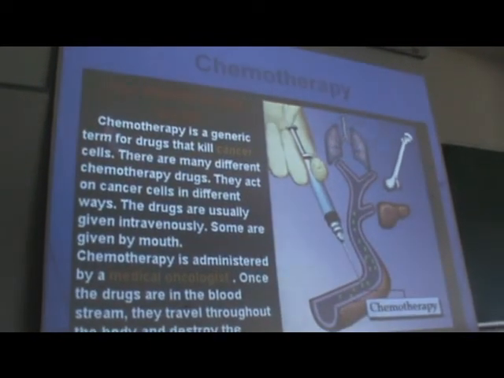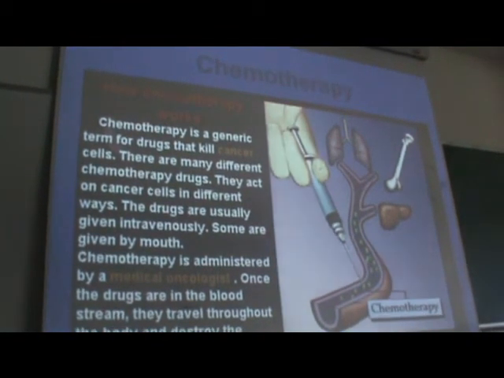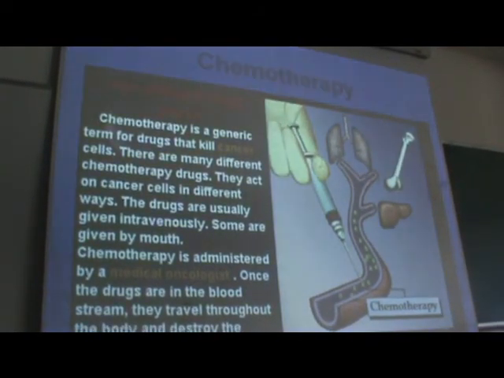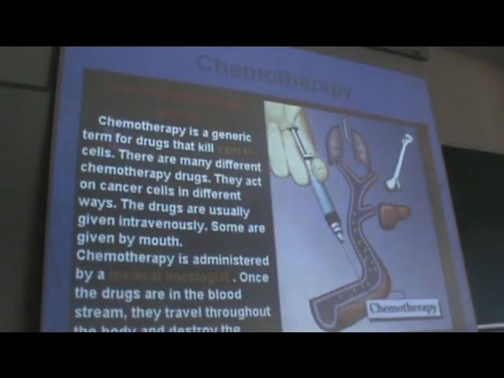It can be given topically, the chemotherapeutic agents, using a cream. This is used when we have a patient with skin tumors like basal cell carcinoma, but it is not very effective.